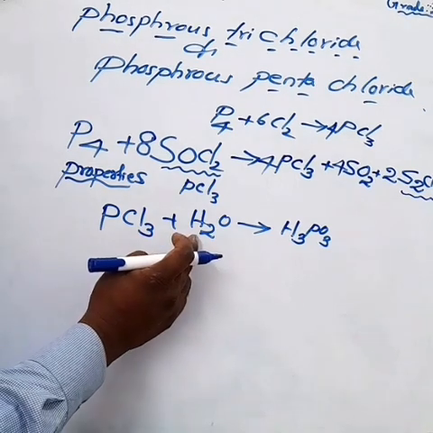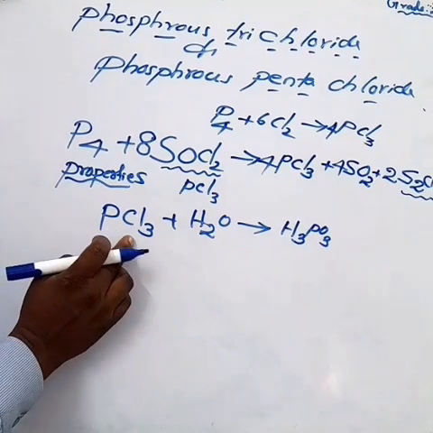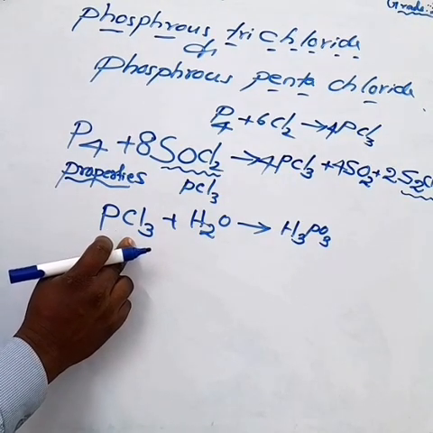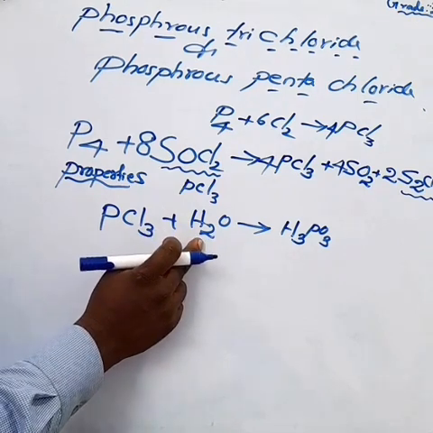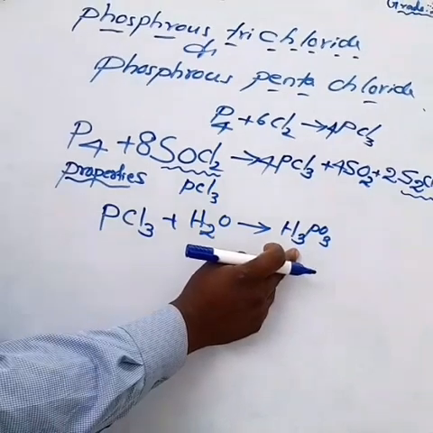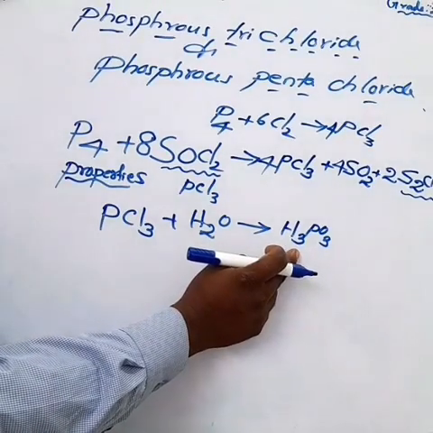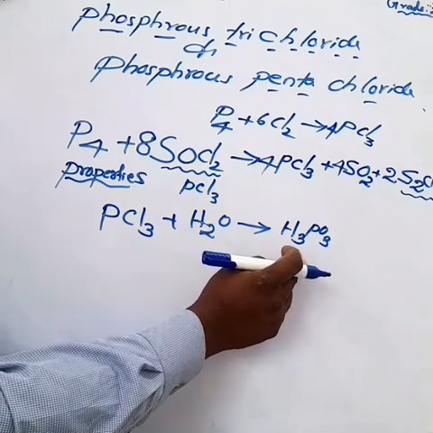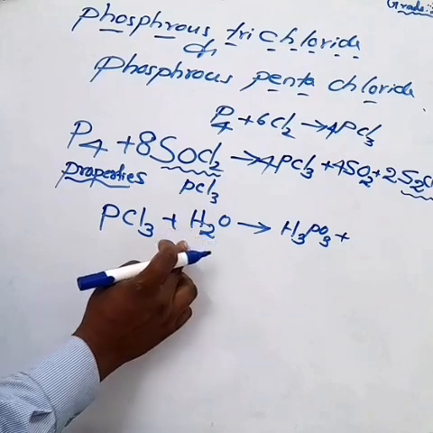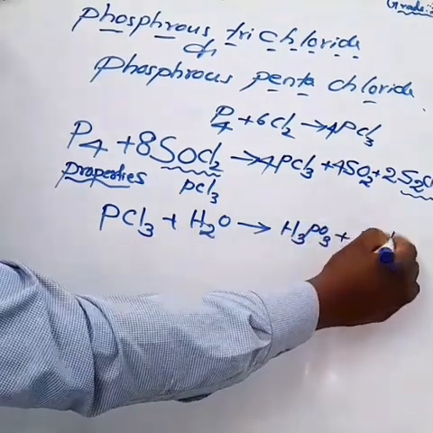H3PO3. Anyhow, we can write the equation: PCl3, phosphorus trichloride, reacts with H2O, and we get H3PO3 plus the hydrogen combines with the chlorine, we get HCl.